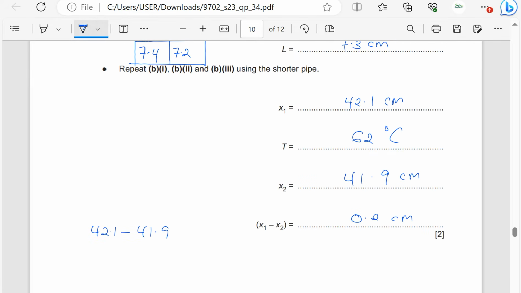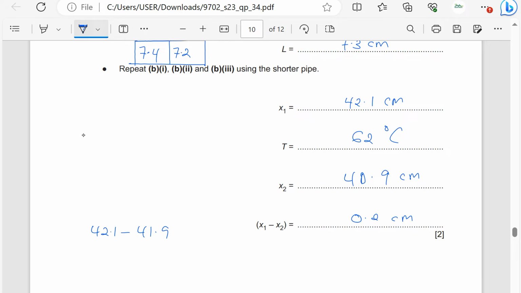From here, another student got 42.1, and here the student got 40.0, 40.2. Okay, so this student got 40.4. Let me use this one here: 42.1 and 40.4, because I don't want a very large percentage difference.